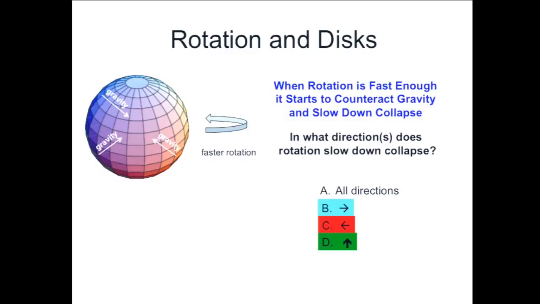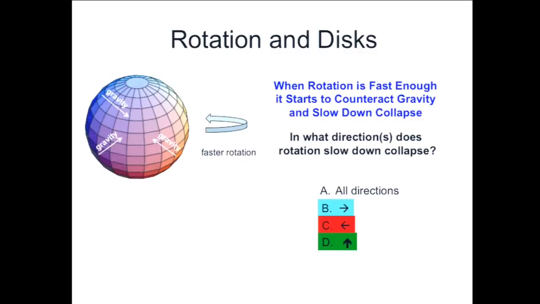And my question for you is, as we just talked about, as it collapses, it starts to rotate faster and faster and faster. At some point, it's rotating so fast that gravity no longer actually pulls it in. Gravity just keeps it in that nice rotating orbit like the planets going around the sun.